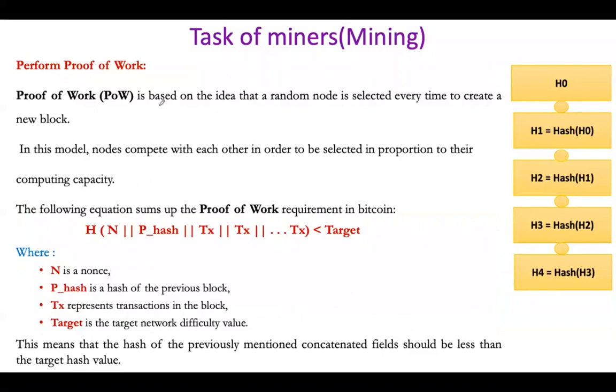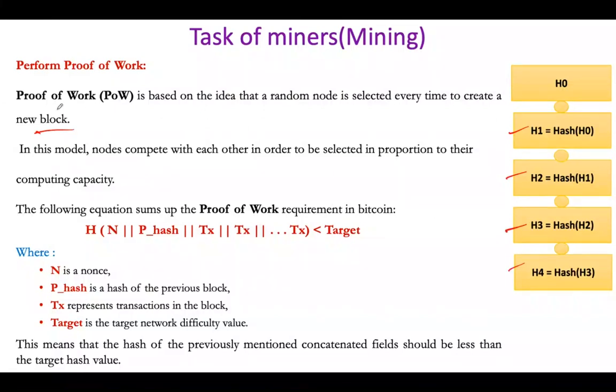That is the major task of this proof of work. This is a proof that enough computational resources, like memory, CPU, time, everything, have been spent in order to build a valid block, to generate new blocks.